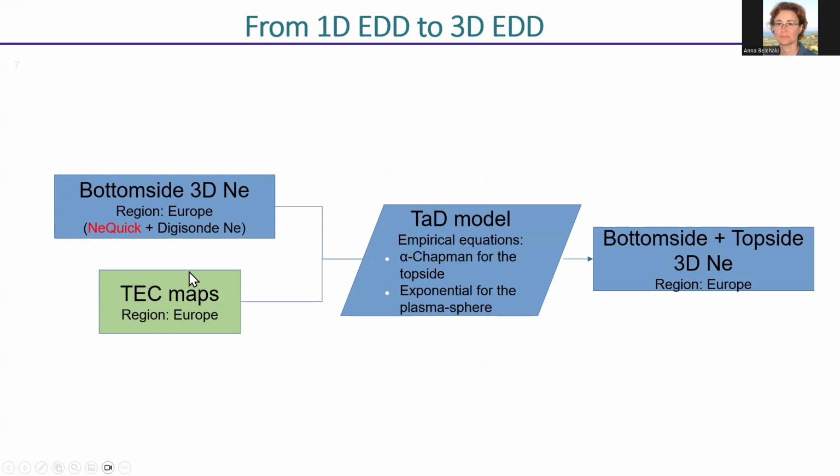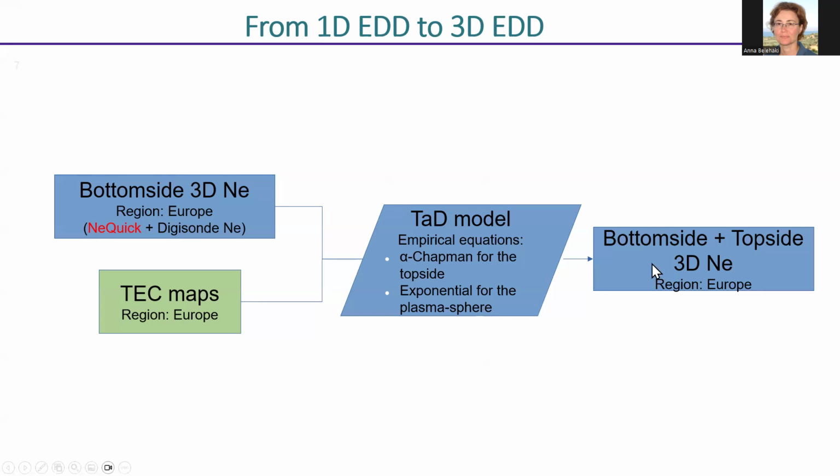We also use TEC maps, and these TEC maps are available through the internet from various sources. In this case, we often use TEC maps from UPC, but there are also other sources. We ingest these maps in the TAD and we apply the empirical equations for the topside and for the plasmasphere.